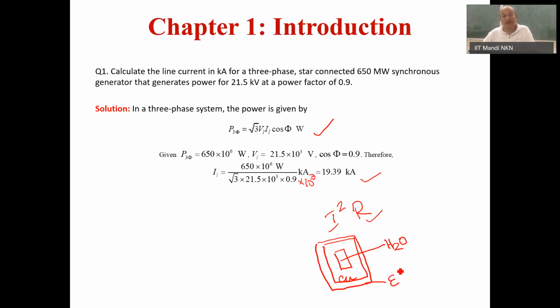To limit the temperature rise of the copper conductor, which is determined by the maximum temperature withstood by the dielectric, you circulate the cooling water and take away the heat. In a closed cycle, it is circulated. You take away the heat, which goes to the atmosphere, and then the cycle of cooling water completes.